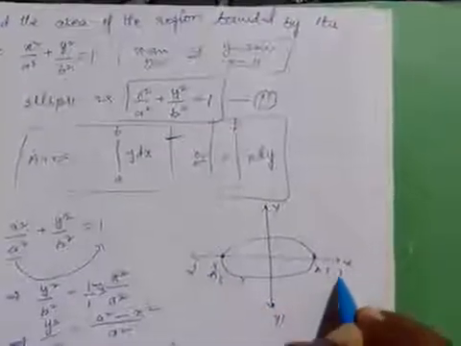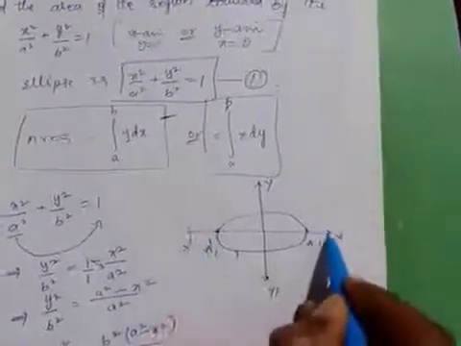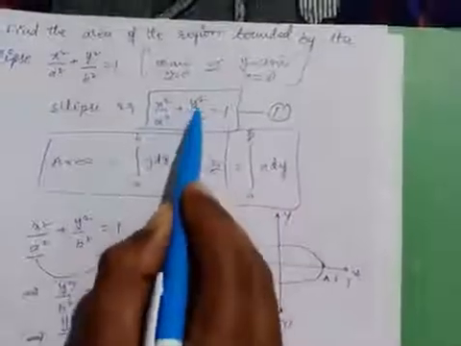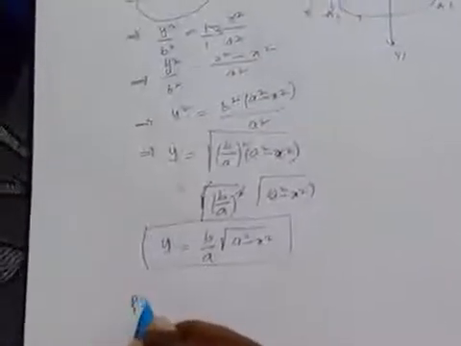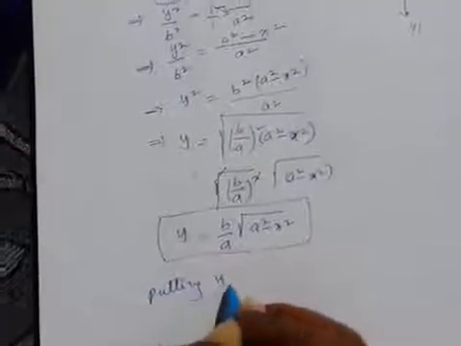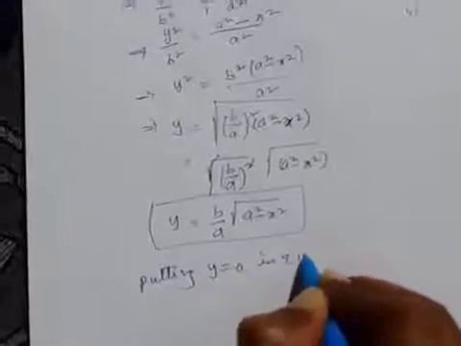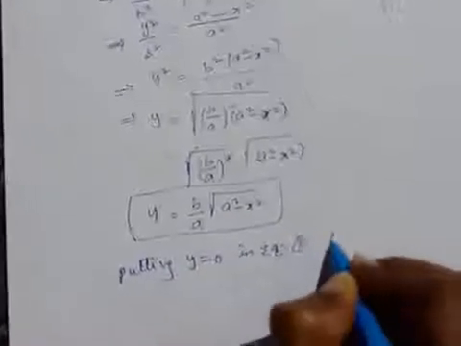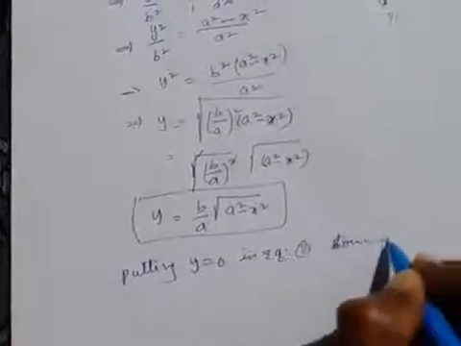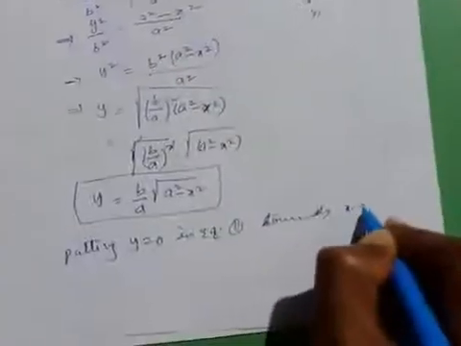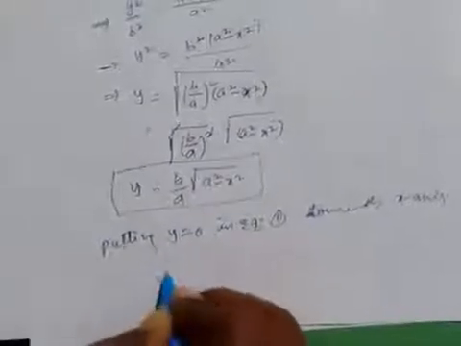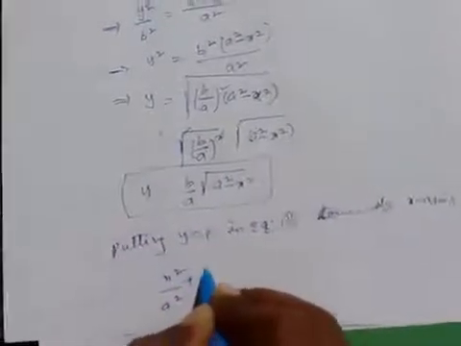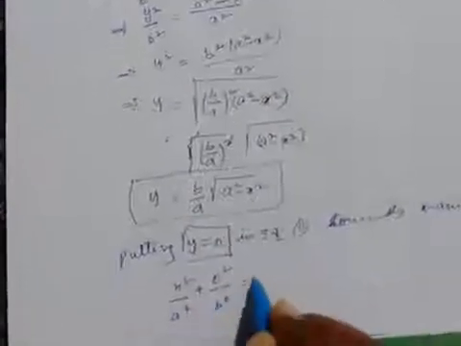These values we are finding towards the x-axis, so we put in equation number 1 y is equal to 0. So putting y is equal to 0 in equation 1, because towards the x-axis, therefore x square by a square plus, here is y square, but y is equal to 0, 0 square by b square is equal to 1.